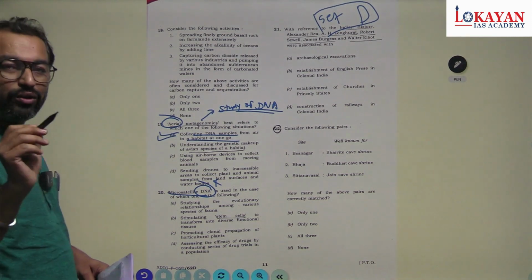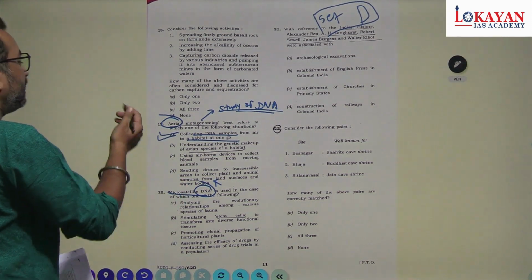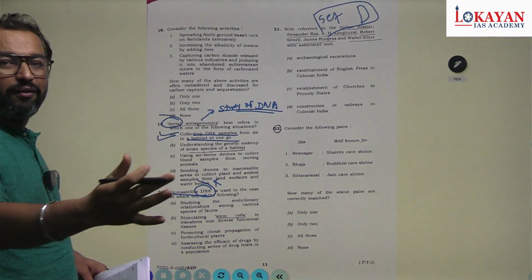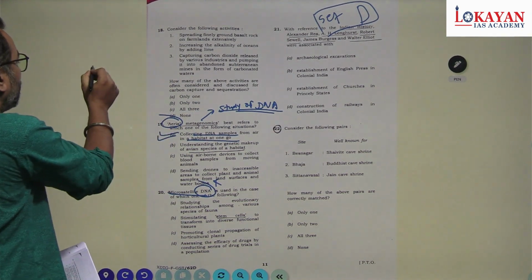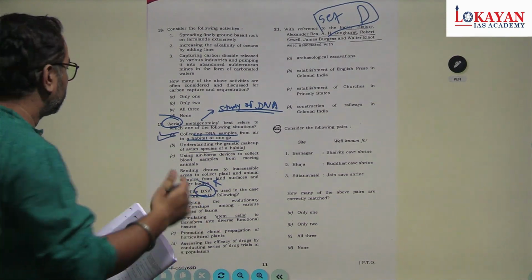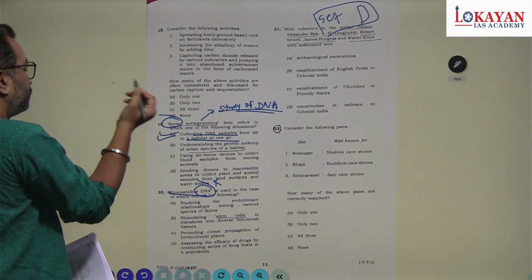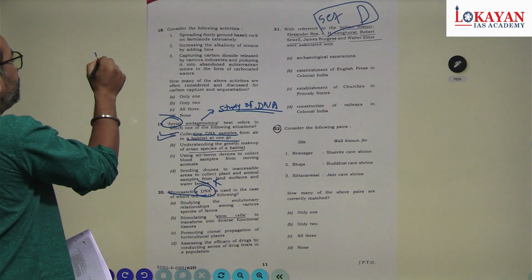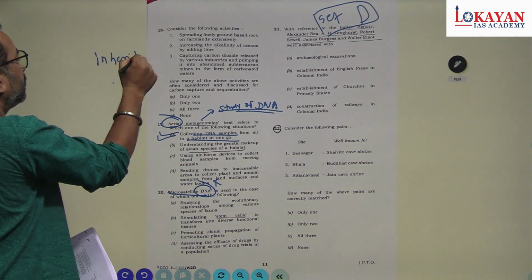That is called microsatellite DNA. That means it replicates itself across the various generations from father to his son or daughter, right? So in short, it is related to inheritance.